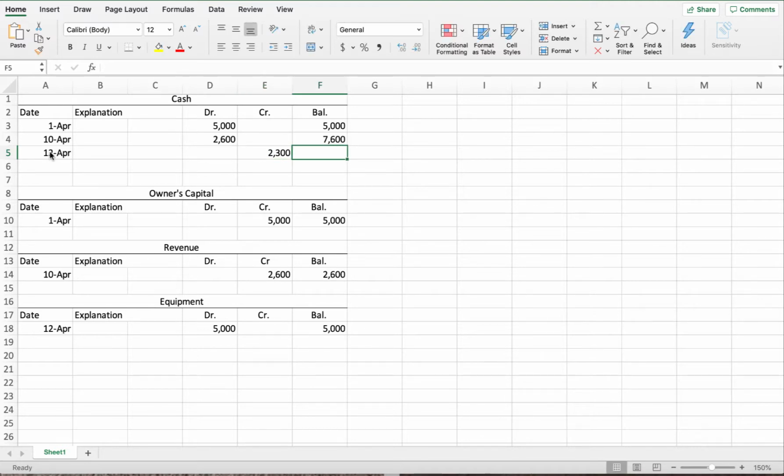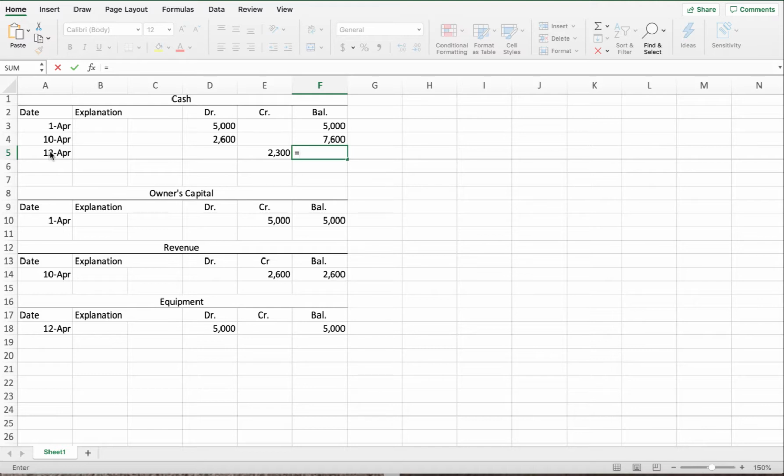But now, after this posting, I have to show what the cash balance is after the posting of that transaction. Well, I'm going to take my previous balance and add or subtract the increase or decrease in cash, okay? So cash is decreasing. We know it's decreasing because we credited cash.